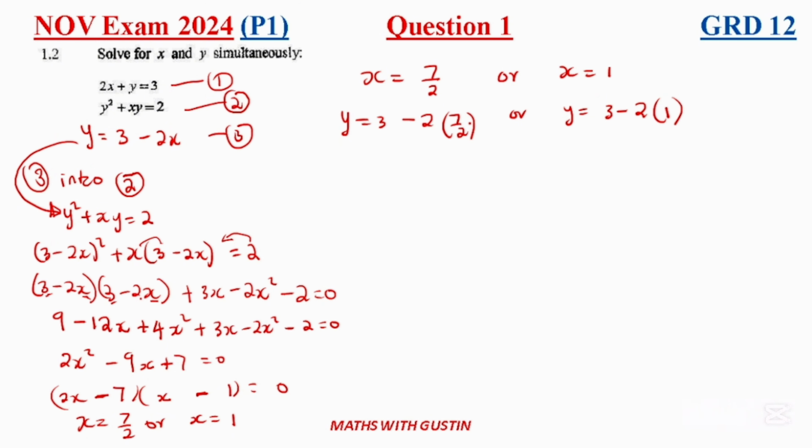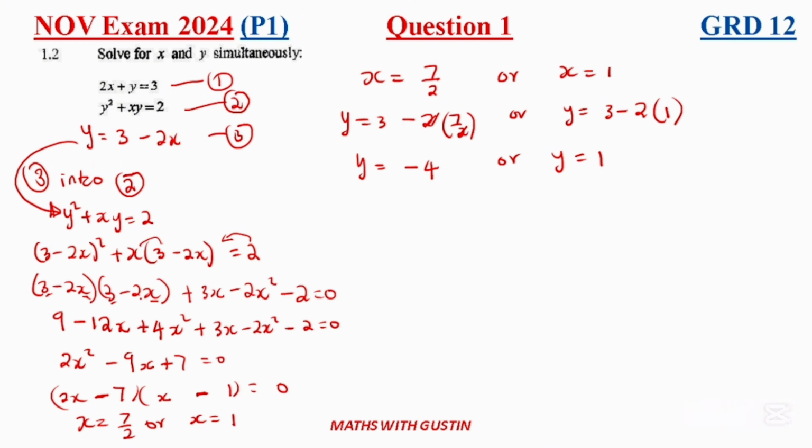Okay, therefore here in this case you are going to have y is equal to, if you take that out, 2 and 2 would cancel out. 3 minus 7 is going to give us minus 4, or y is equal to 1. Okay, great stuff. And that's how you deal with a question like this one when it comes to simultaneous equations.